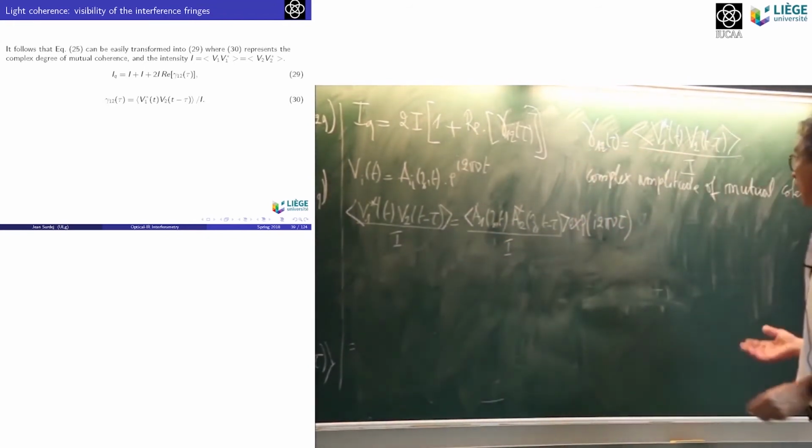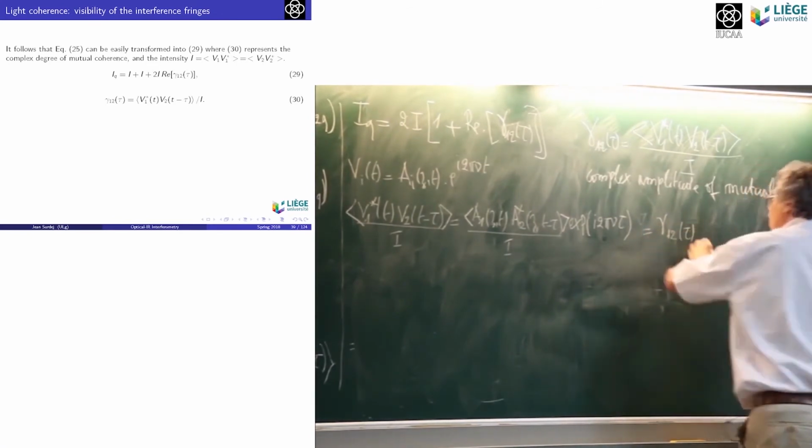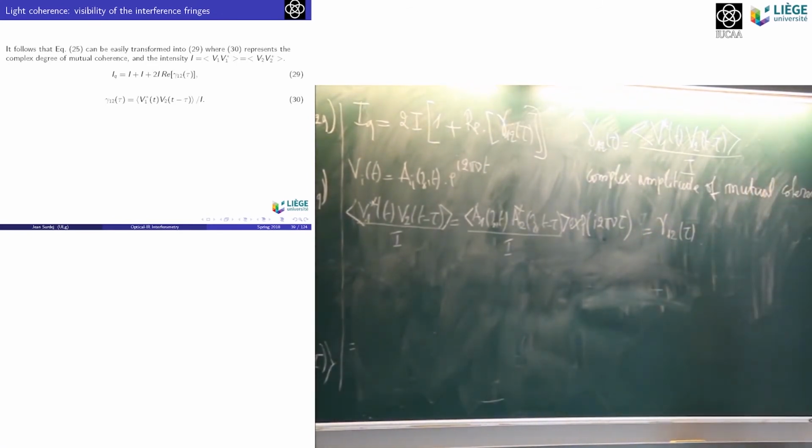And what I obtain is just the expression of gamma 1, 2 as a function of tau. Okay?